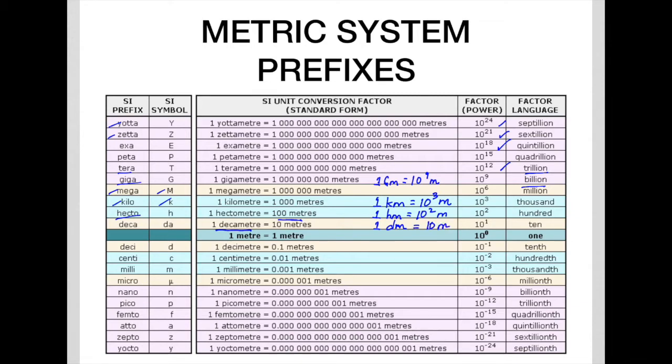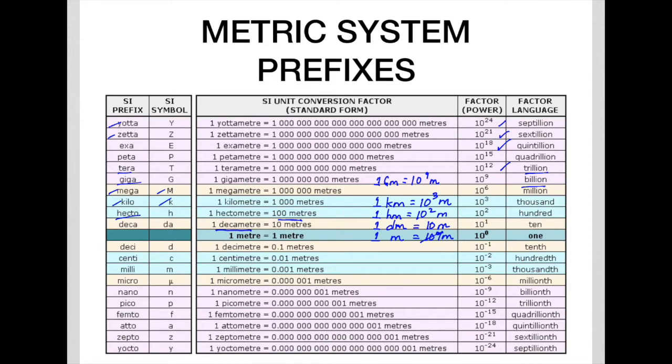And note that 1 meter, since it has no SI prefix, that is equivalent to 10 raised to 0 meter. And in math, what is 10 raised to 0? Any number raised to 0 is equivalent to 1.